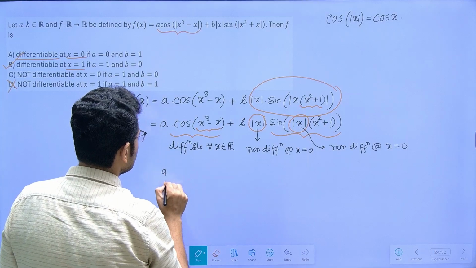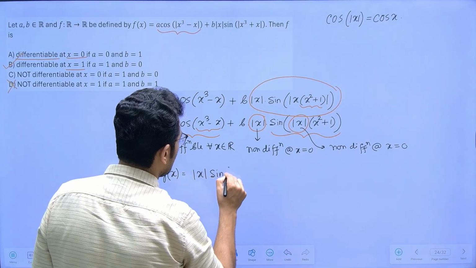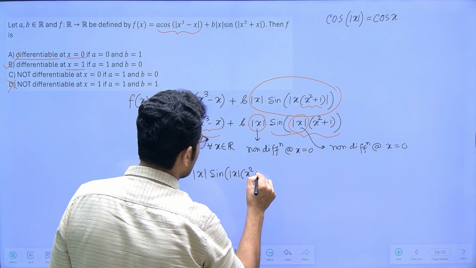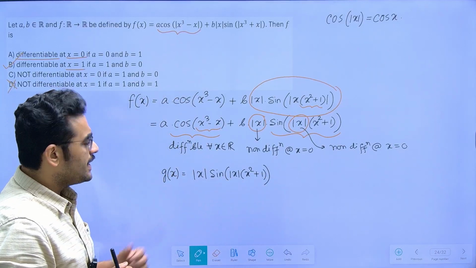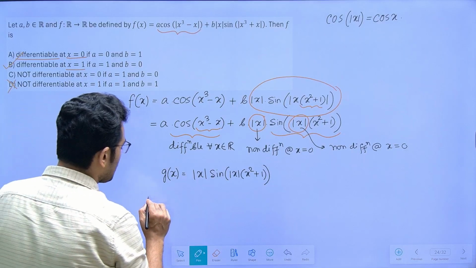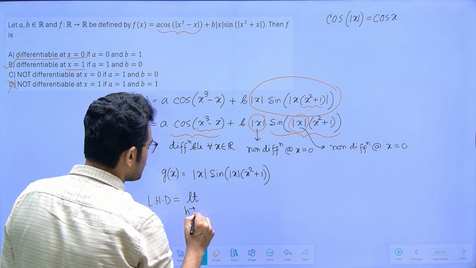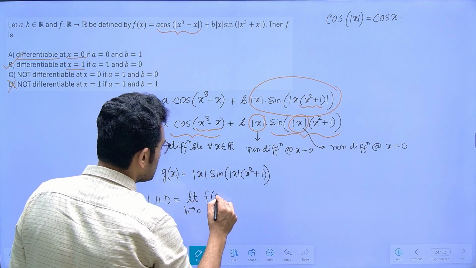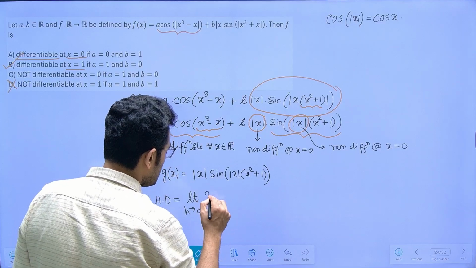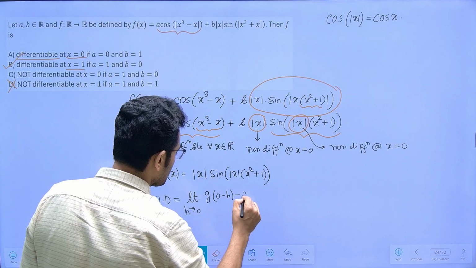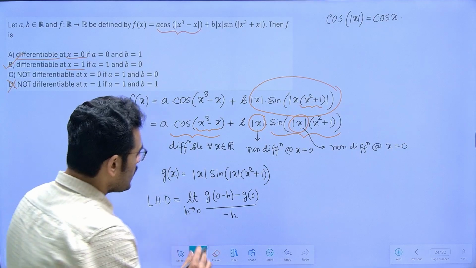Let us say g(x) = |x| sin(|x|(x² + 1)). Let us check the differentiability at x = 0. It is a continuous function at x = 0, so let us check the LHD at x = 0. That will be the limit as h tends to 0 of (g(0 − h) − g(0))/(−h).